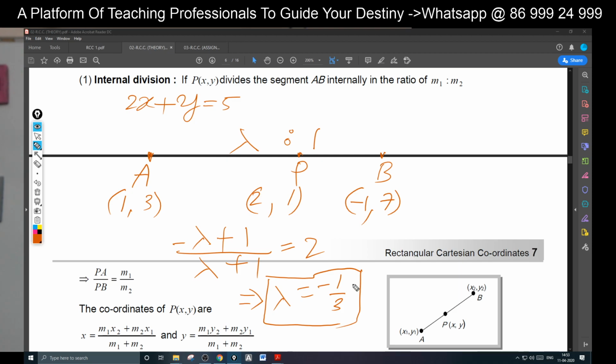Do you imagine? Now, do you understand on which side this P lies, whether on A side or B side? Can you answer, please? Whether P lies on A side or B side?